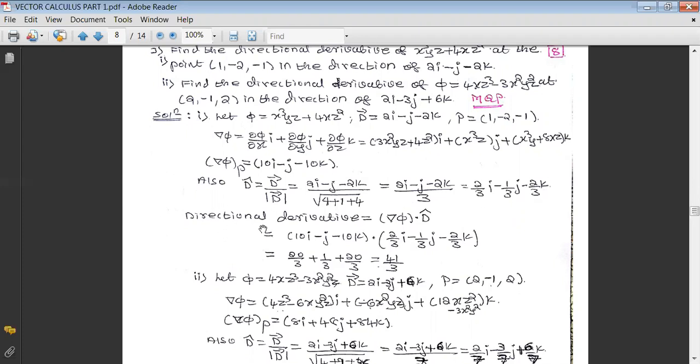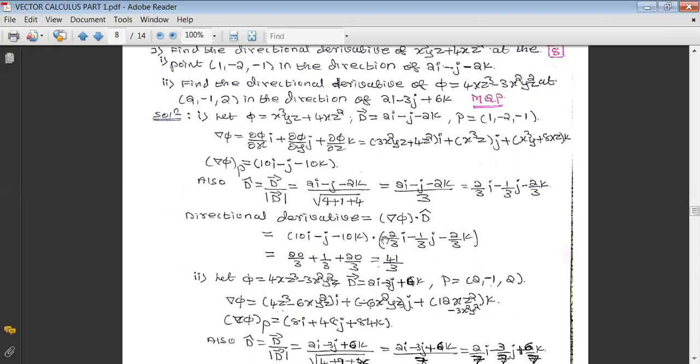Now the directional derivative is given by the dot product between del pi at the given point and d cap, the unit vector in the given direction. We have computed del pi at p as 10i minus j minus 10k, dot d cap, that is 2 by 3 into i minus 1 by 3 into j minus 2 by 3 into k. Now multiply the corresponding components and add them.